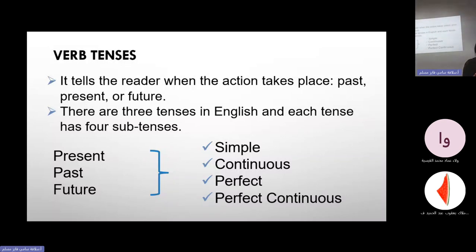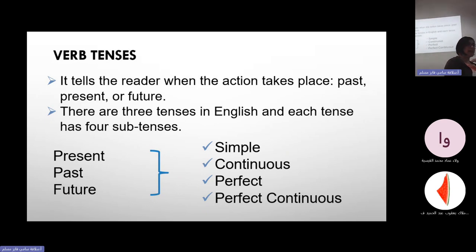إذا أخذتوا introduction to translation, المفروض كلكم أخذتوا introduction to translation. We talked about this particular point in the introduction to translation. Okay? So, verb tense, what does it tell us? It tells the reader when the action takes place.